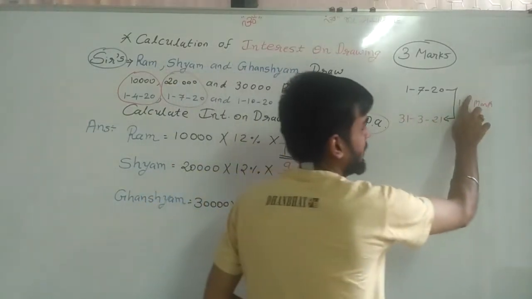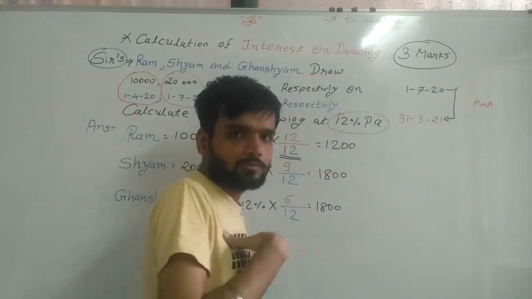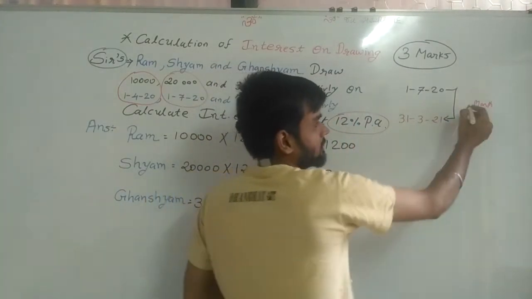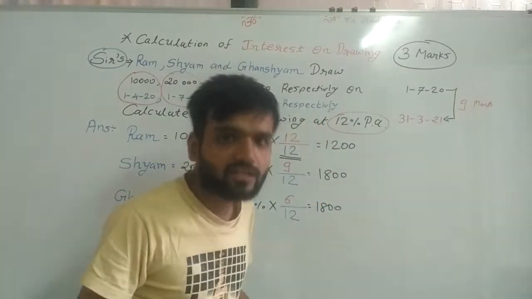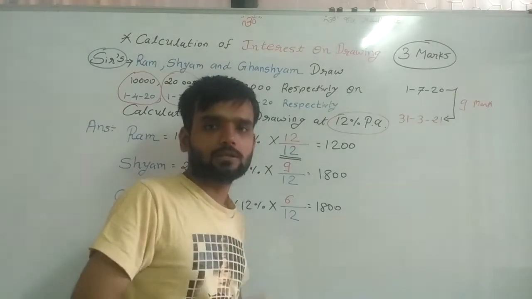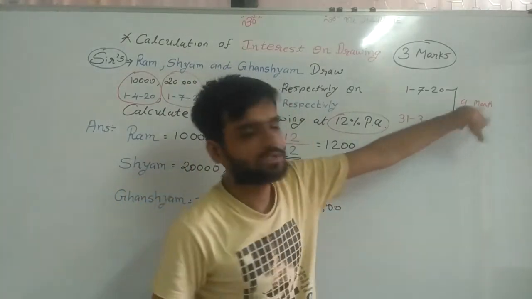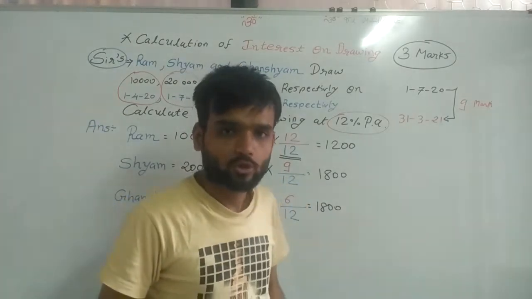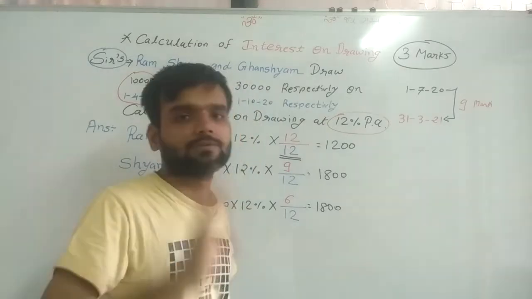So here not 12 months. If we are the firm, then we have to collect interest of 9 months. And if we are the partner, then I have to pay 9-month interest. So calculation is done on the basis of 9 months.